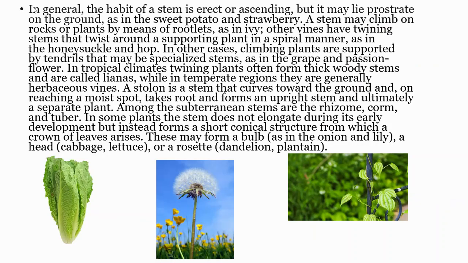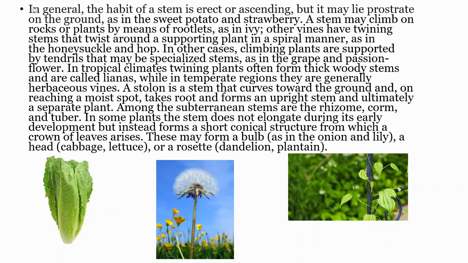In general, the habit of a stem is erect or ascending, but it may lie prostrate on the ground, as in the sweet potato and strawberry. A stem may climb on rocks or plants by means of rootlets, as in ivy. Other vines have twining stems that twist around a supporting plant in a spiral manner, as in honeysuckle and hop.